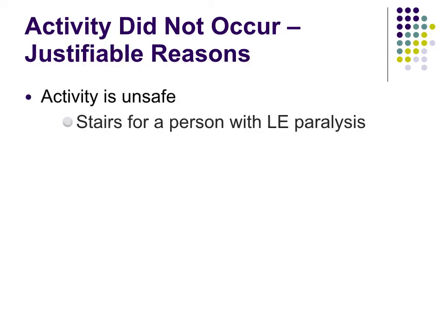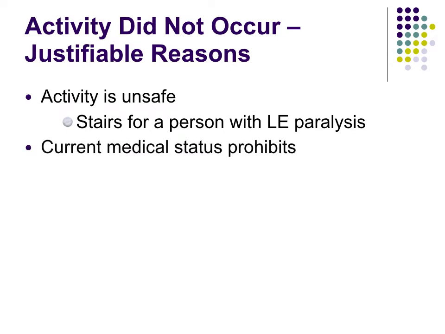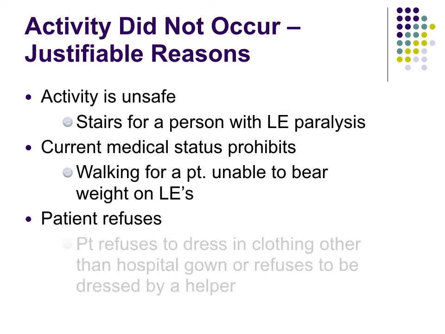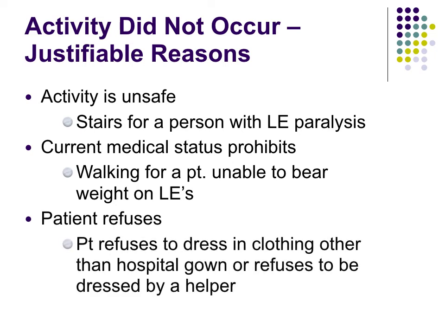Some justifiable reasons for activity did not occur: if the activity is unsafe, so stairs for a person with lower extremity paralysis, a current medical status may be prohibiting the patient, walking for a patient who's unable to bear weight on lower extremities would be acceptable. If the patient refuses to dress in clothing other than a hospital gown or refuses to be dressed by a helper, that would be another reason.